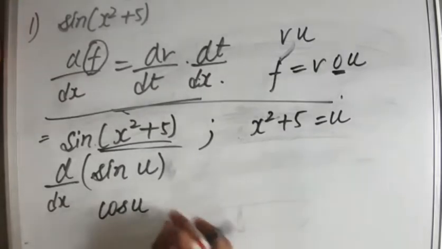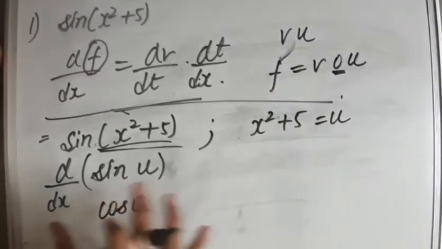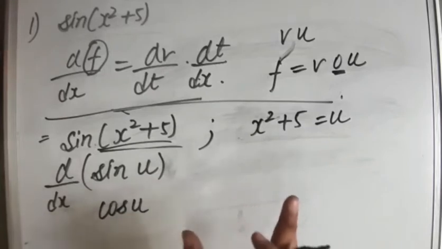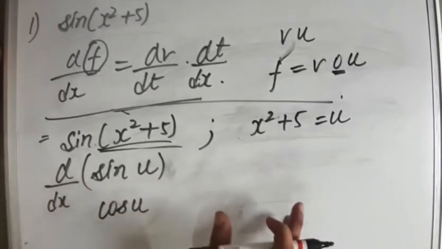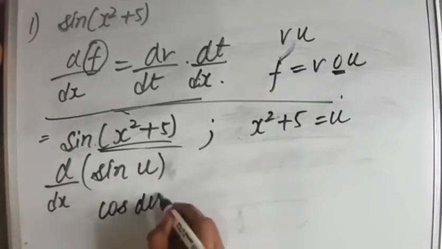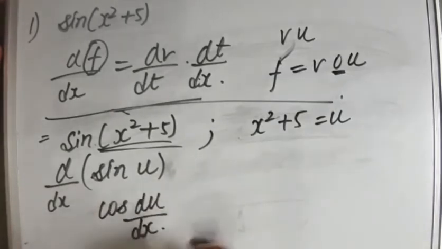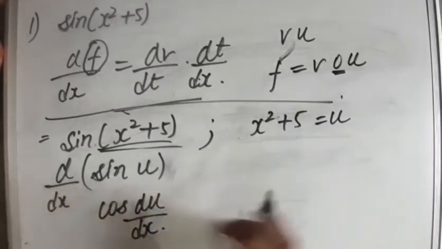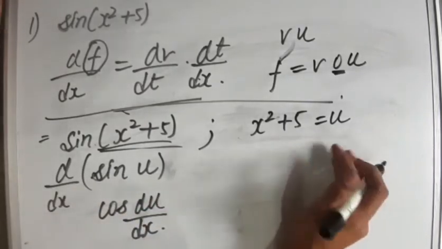You can say we are differentiating with respect to x, and we cannot leave u as it is or put a 0 over here. So we have du upon dx.